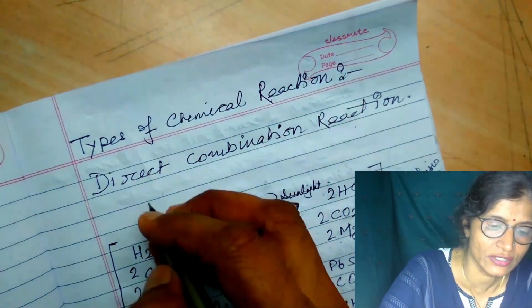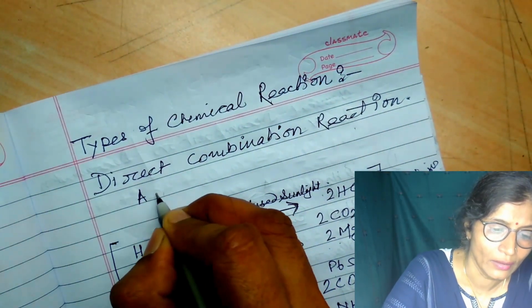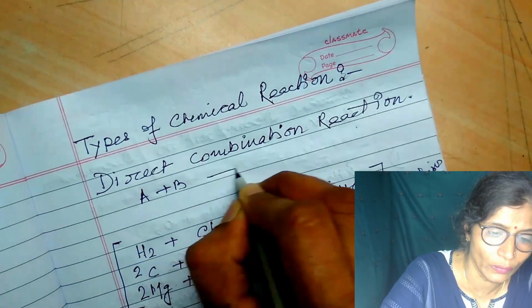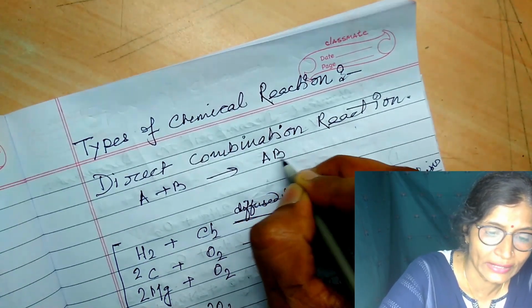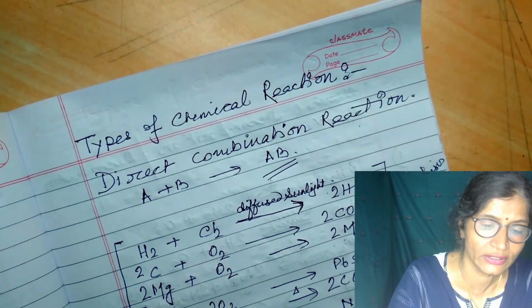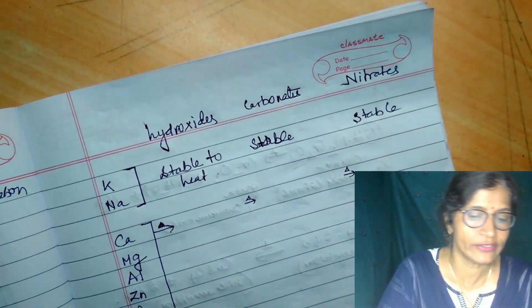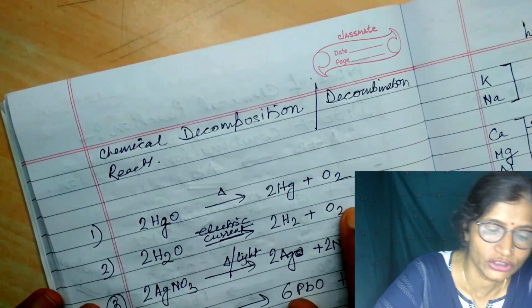The direct combination reaction can be represented in this way: A plus B will give you AB. That is the direct combination reaction representation. And how can we represent the chemical decomposition reaction?